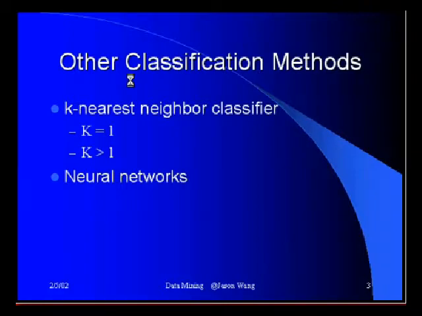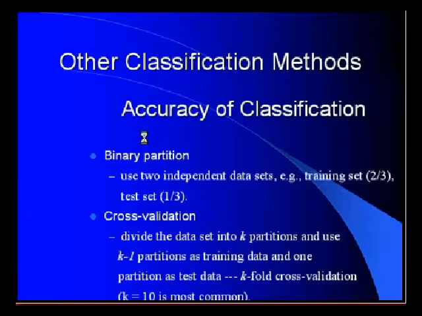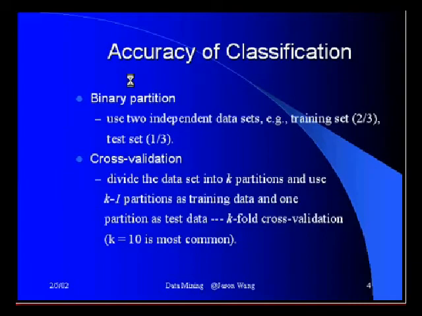Okay, now we have a classifier. Suppose we use the ID3 algorithm and we build a classifier right now. How do we know how accurate that classifier is? How do we know whether that classifier is good or bad? How do we know whether the classification algorithm is good or bad? We need some measures to evaluate the accuracy of a classifier, and we need to know how to conduct experiments to calculate these accuracy measures.